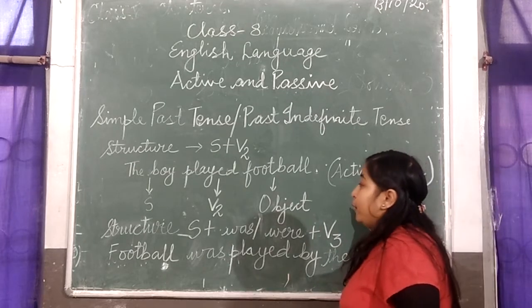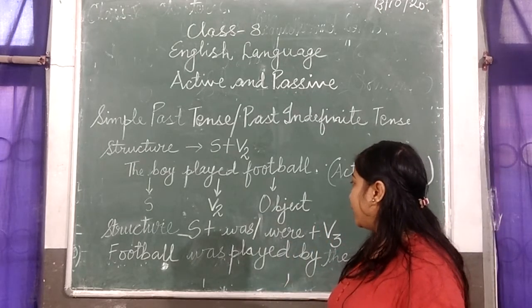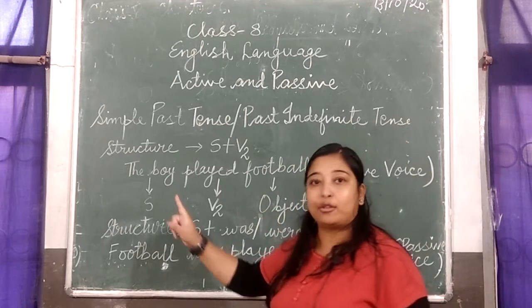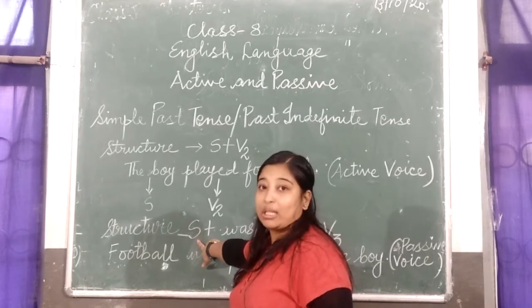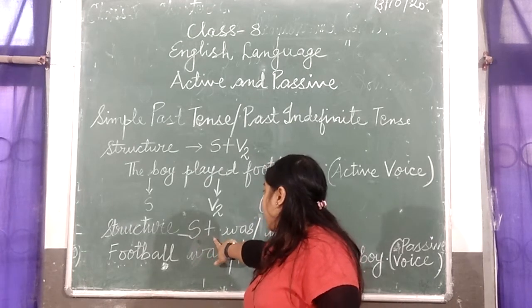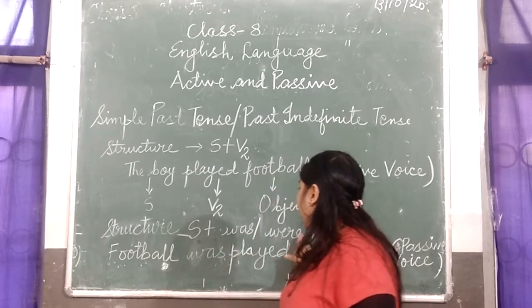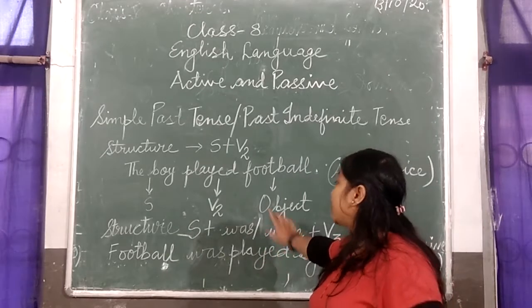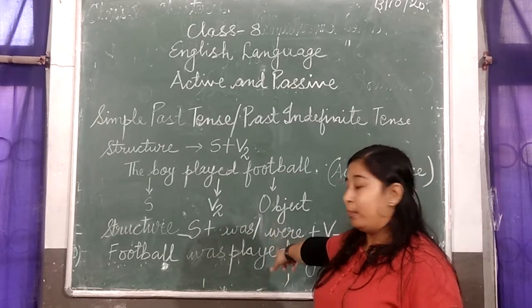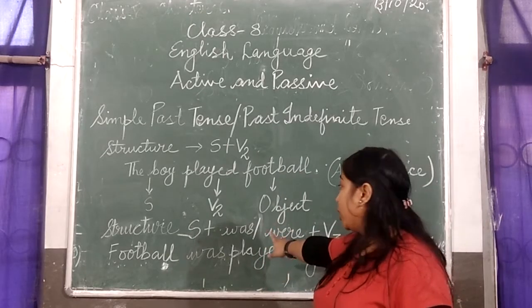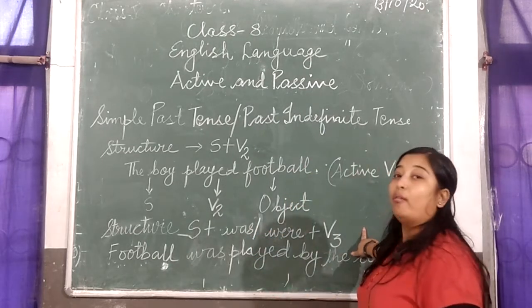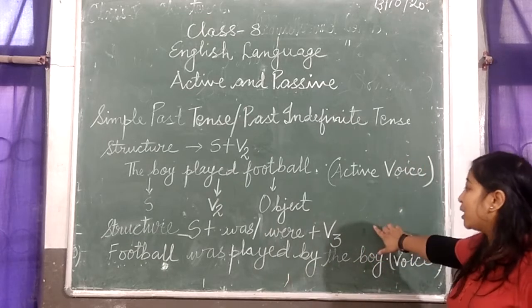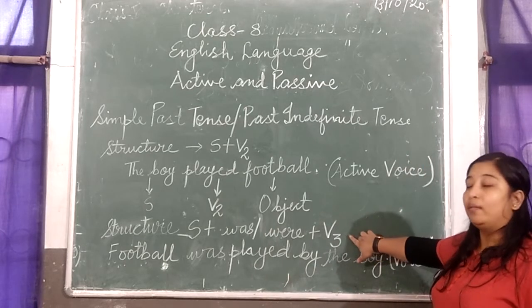Now, if you have to change it into passive, you'll have to look into the structure. The structure goes like this: the subject has to be there, plus was, were. These are auxiliary verbs. It has to be there because it's there in the structure. And the V3 form of the verb, means the past participle form of the verb.